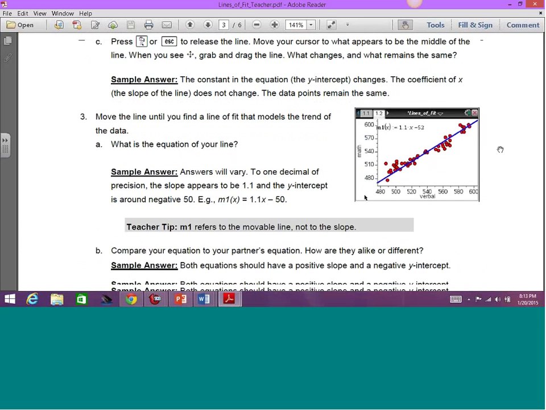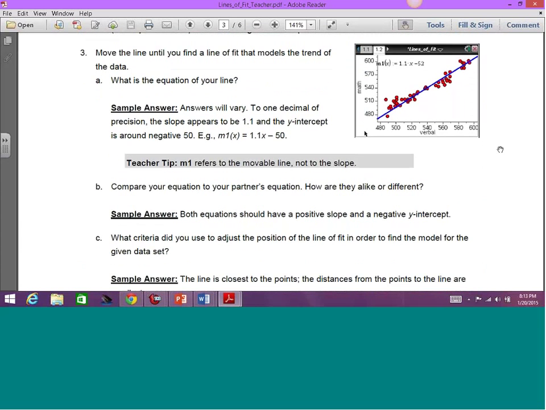So what we've got going on, the students are developing their own equations for this. And in part B, things like compare your equation to your partner's equation. Not only are we going through the mathematics, but now we're jumping straight into those mathematical practices. We're going to have collaboration between students. They're going to have to defend their equation, and then they're going to have to critique the equations of others.